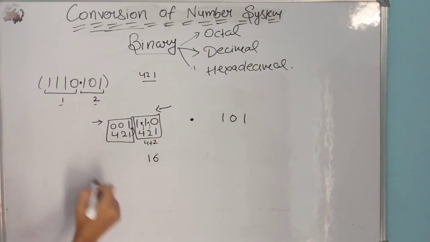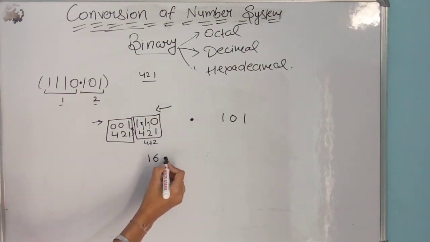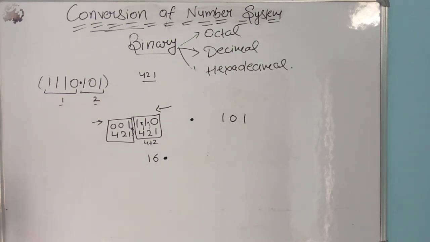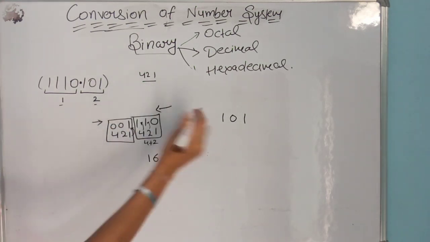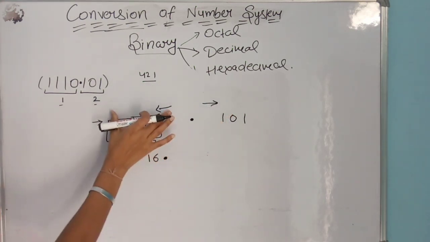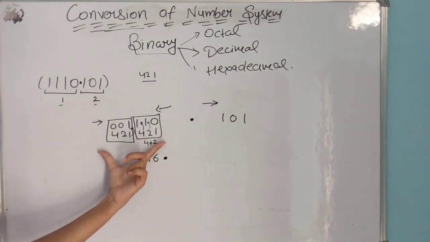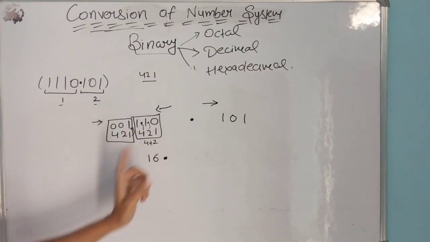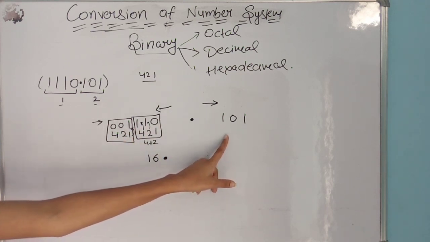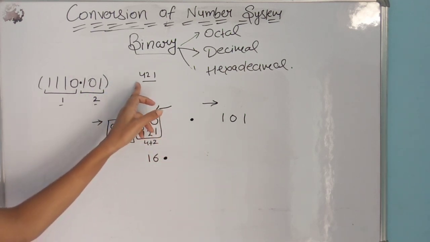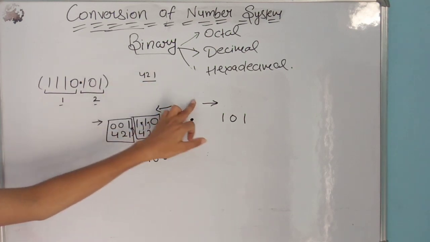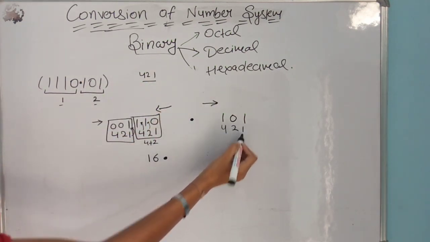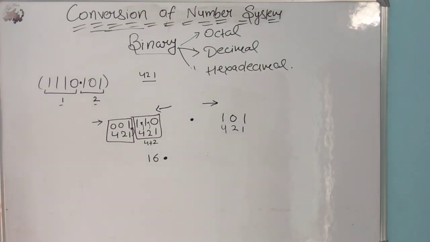So now this is 1 and the point is inserted here, and in the other part, we apply the code from its right side. So now 4 2 1, and we look at the on bits.